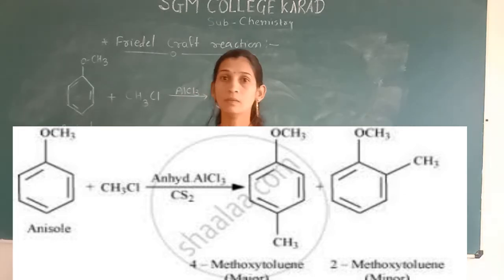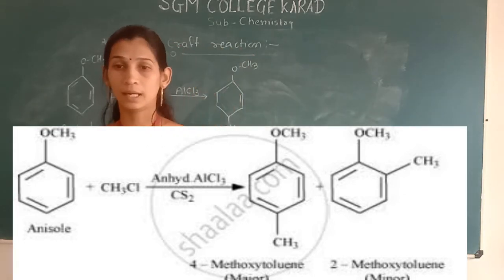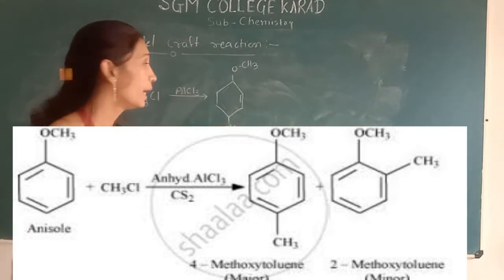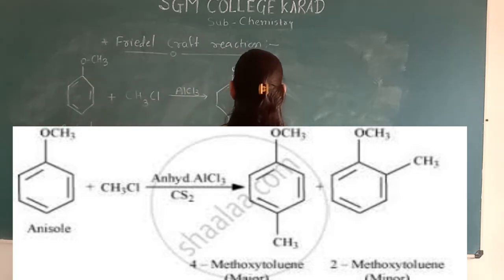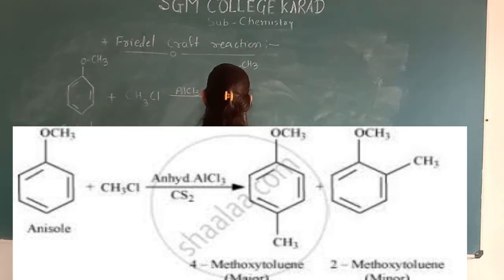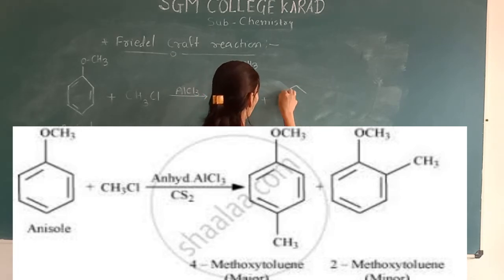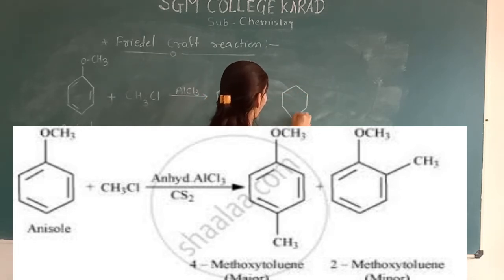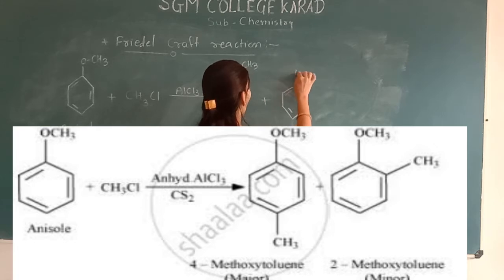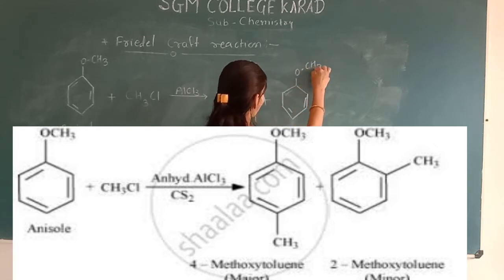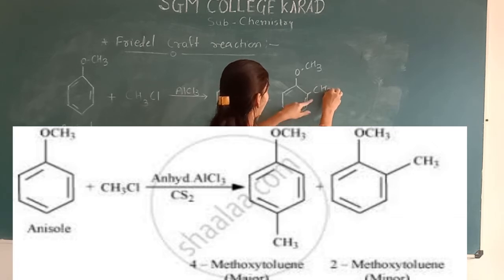And the second one, minor product. There are two products produced. First will be the 4-methoxytoluene, and the second one is where the position of the CH3 group changes. OCH3 as it is. At the second place CH3 is attaching.